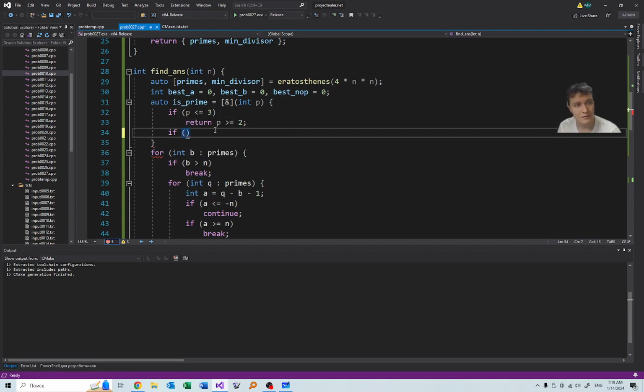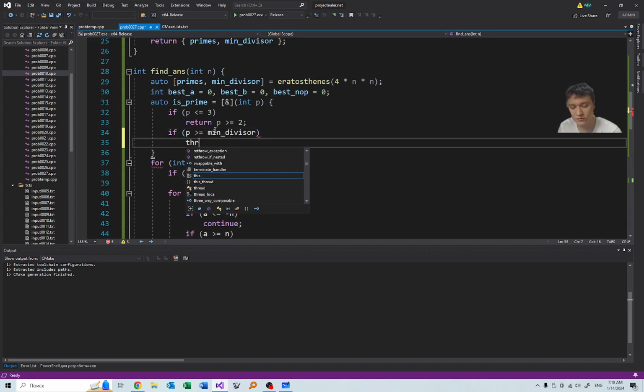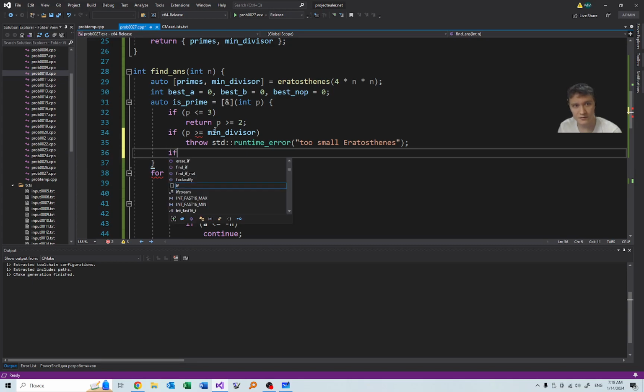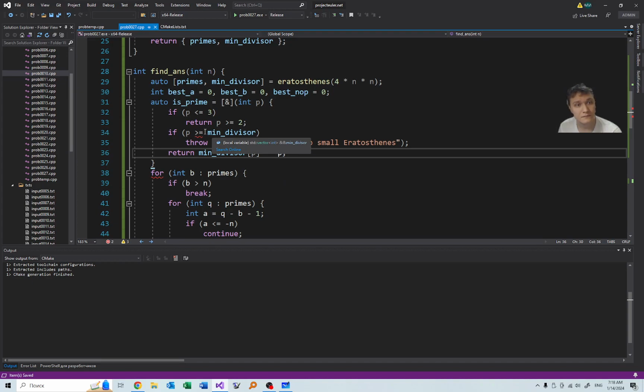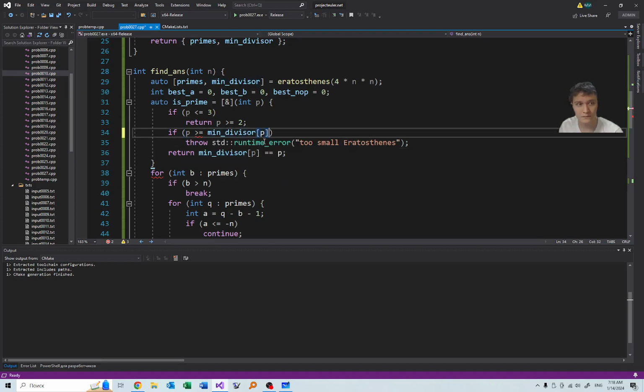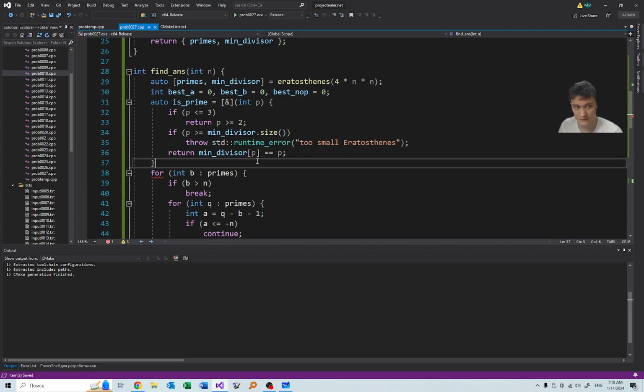If P is at least min divisor size, then we will throw an exception, which will say too small Eratosthenes. Otherwise, we simply return that min divisor of p is simply p.